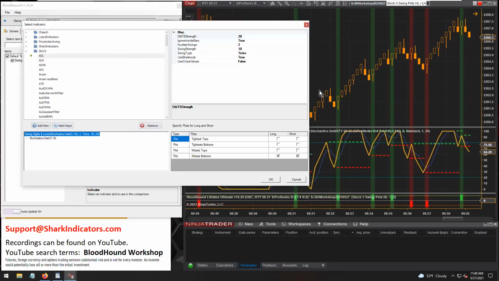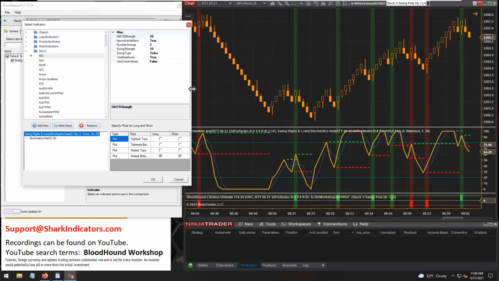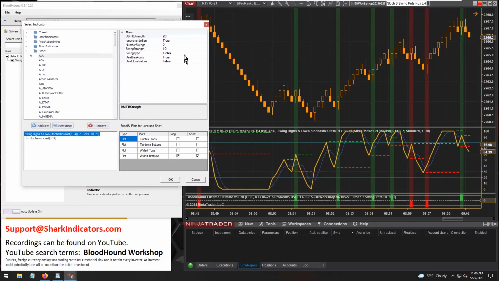So I'm just going to play around with the indicator settings here for a little bit to see if I can get the swings indicators to detect that low point. That's all I'm doing. So I'm just playing around with the indicator.